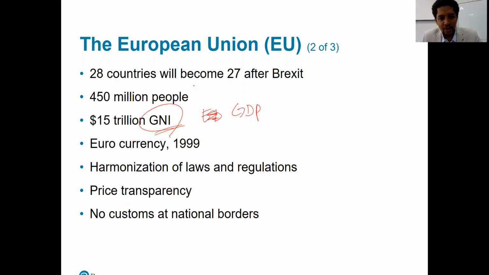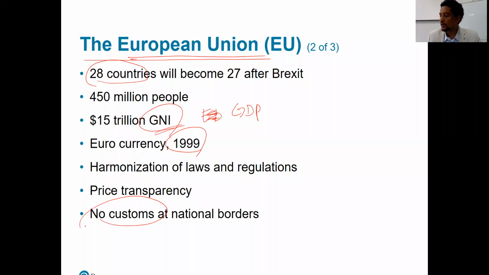Okay, and the euro currency was established in 1999, and the harmonization of laws and regulations are set. There was price transparency, no customs at national borders. So if you go to any of the 28 member countries of the EU, there is no customs that you have to pay at national borders, because they have eliminated those customs, right?